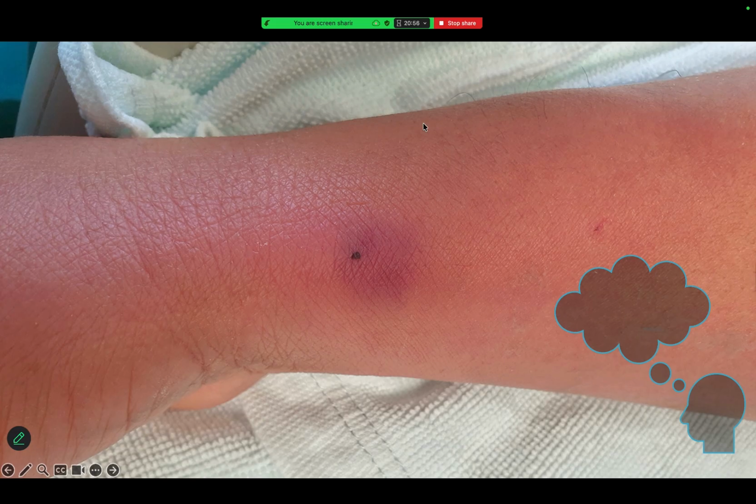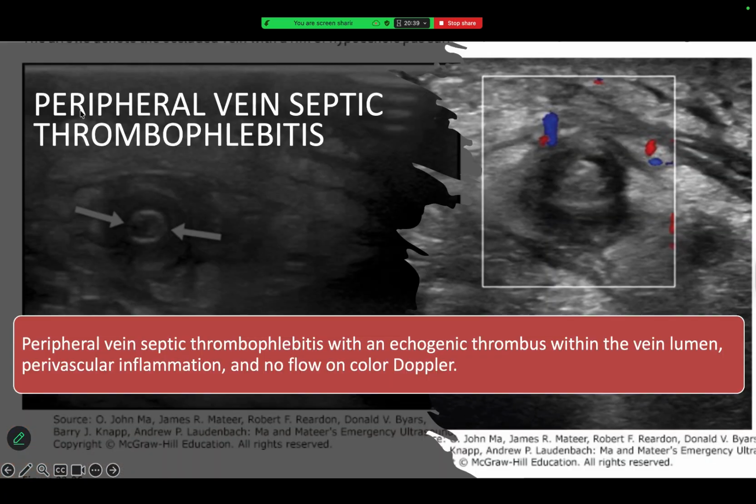Let's take a look at this image. It looks like cellulitis again, with redness, and there is a small puncture here, so it could be from an IV line. If you just consider this simple cellulitis, you may miss something else. They did an ultrasound for this case and found septic thrombophlebitis of the vein.